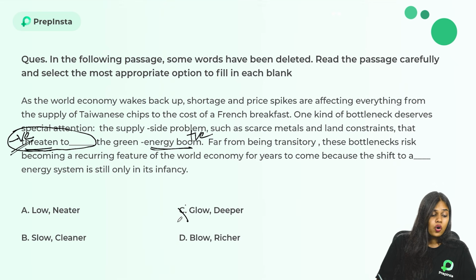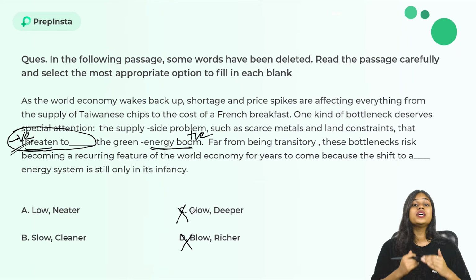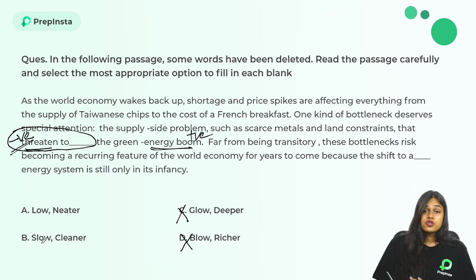Obviously, glow is not a negative word, or blow is not a negative word, because if you use the word blow, it means that it is blowing up. That means it is increasing the energy boom and not reducing it. Now, low or slow.